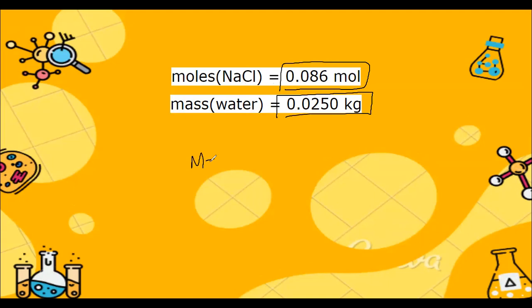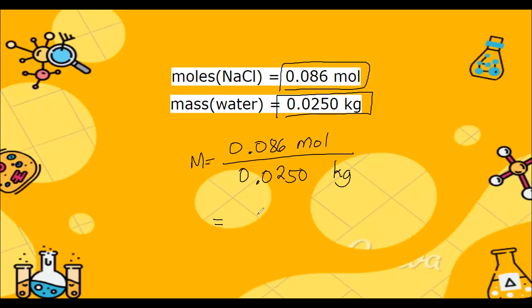Okay, so let us substitute it in our formula. Moles of solute, which is 0.086 mole, over the kilogram of solution. So we have 0.0250 kilogram. Right.